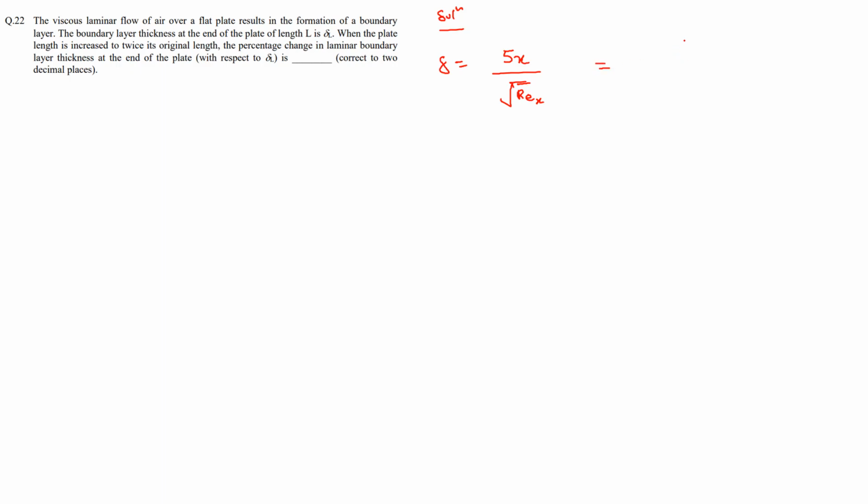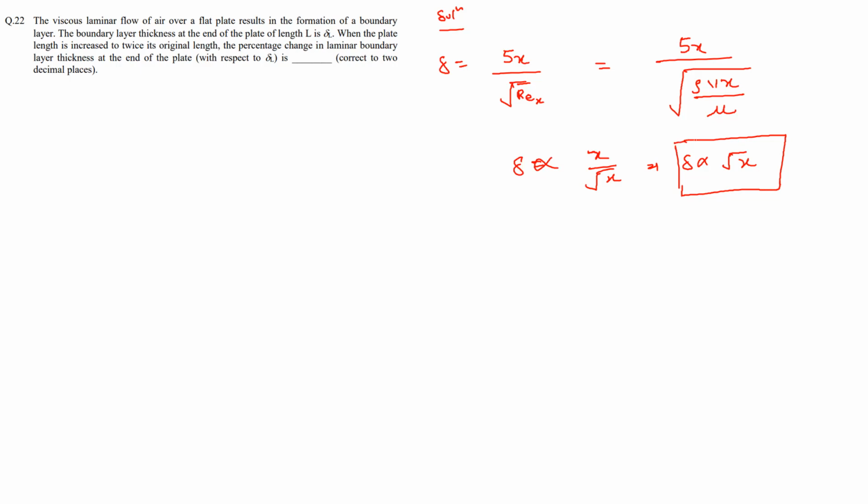Now this can be written as rho v x divided by mu, and you can just say that if the velocity does not change, then the boundary layer thickness is proportional to x over root x, or delta is proportional to root x.